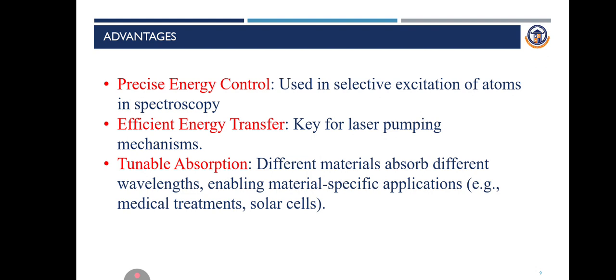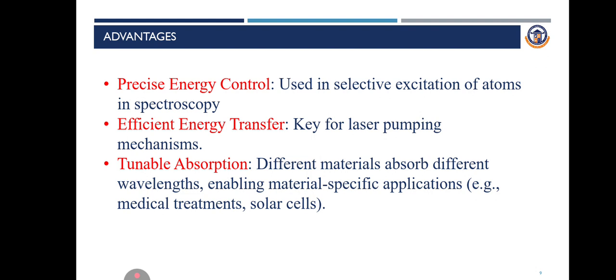And these are the advantages of absorption and emission. First, precise energy control, used for selective excitation of atoms in spectroscopy. Next is efficient energy transfer, the key for the laser pumping mechanism.